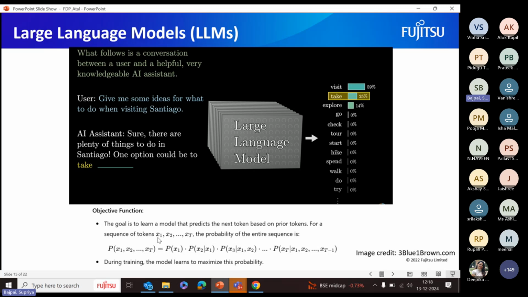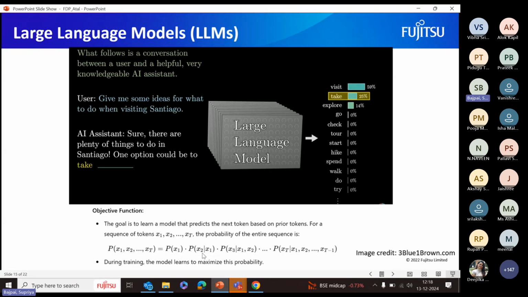For example, for a sequence x1 to xt, the probability of the entire sequence will be the joint probability of x1, x2, and all the tokens. This joint probability is the conditional probabilities multiplied by the prior. Given nothing, it will predict some x1; this is the prior probability.